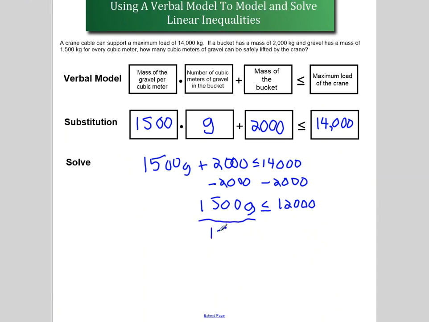Divide both sides by 1,500. And by the way, if you're seeing that you can understand the algebra involving these problems, no one's saying that you can't fast forward this video a little bit. Jump to the ending. 12,000 divided by 1,500, that's 8. The 1,500 over 1,500 cancels, g is left. So g less than or equal to 8.